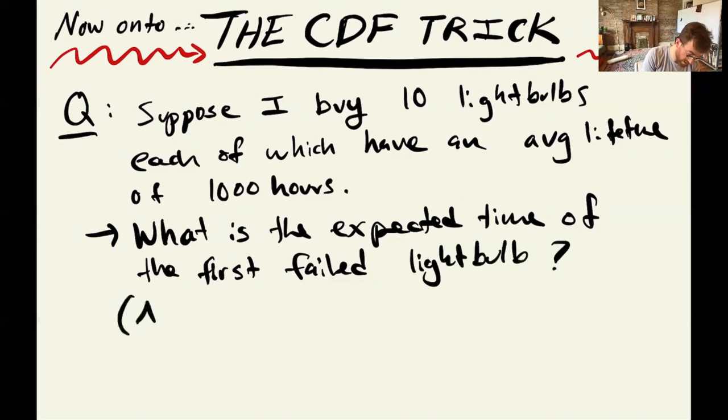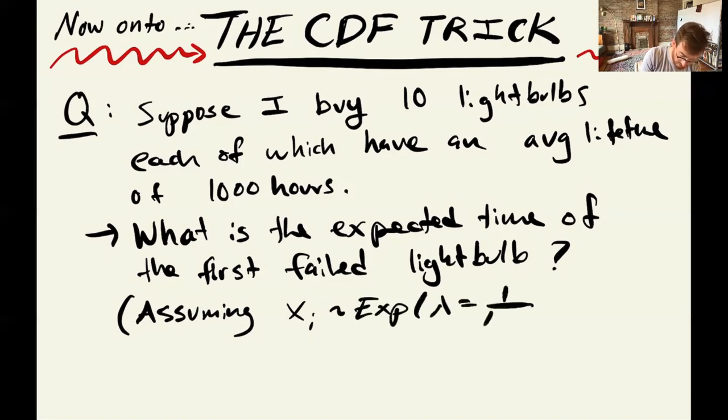Here we're assuming the lifetime of each light bulb is some, let's say, xi, which is exponentially distributed with some parameter lambda, which we know has to equal 1 over 1,000 hours because of this inverse relationship between average and lambda.